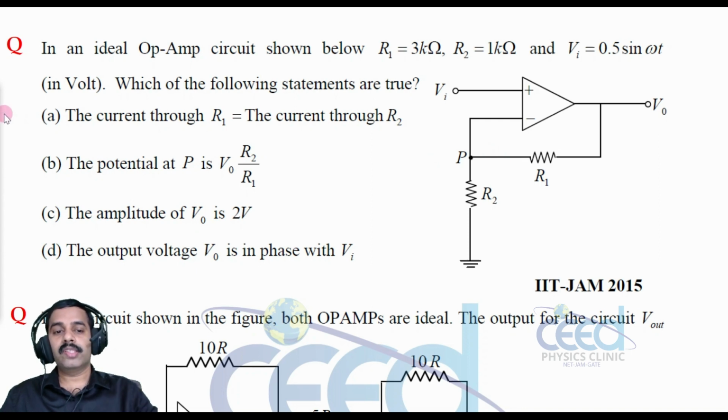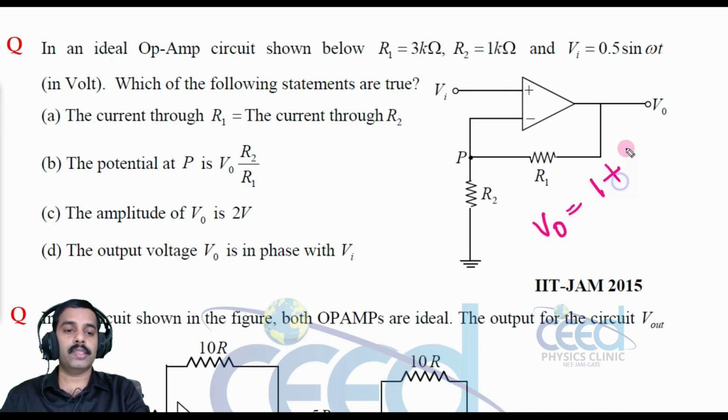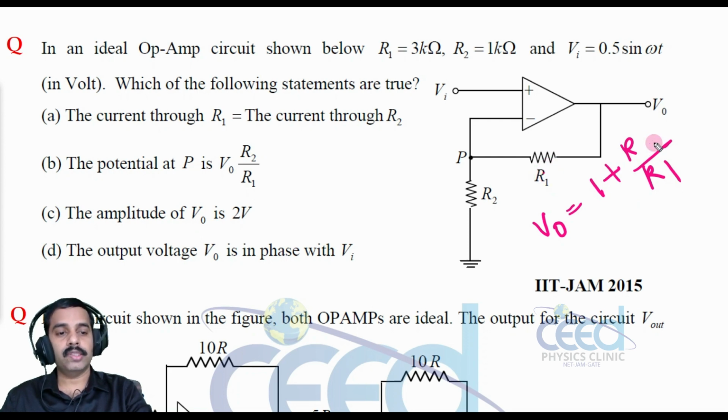All right. Now what is the gain which we have studied? Here V out is equal to 1 plus Rf by R1, right? Here the feedback is Rf by R, and instead of R1 we have R2 here. So this is the input voltage Vi.